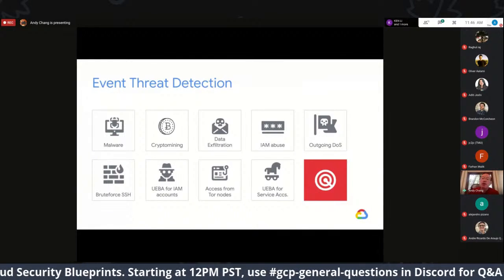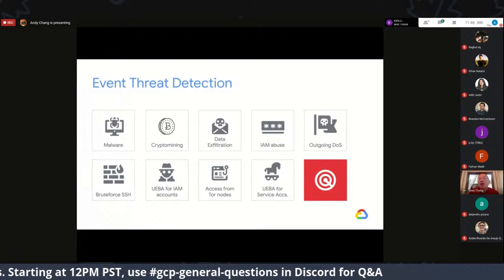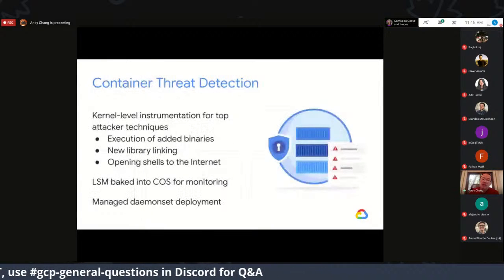And these all come built in to Security Command Center Premium as a part of our event threat detection.